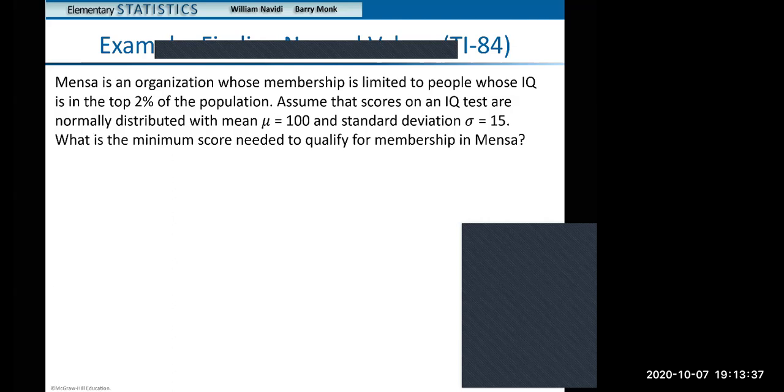Anyone? I'll do it. Mensa is an organization whose membership is limited to the people whose IQ is in the top 2% of the population. Assume that scores on an IQ test are normally distributed with a mean of 100 and standard deviation of 15, what is the minimum score needed to qualify for a membership in Mensa?